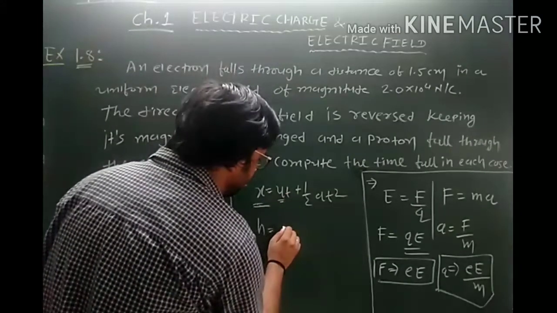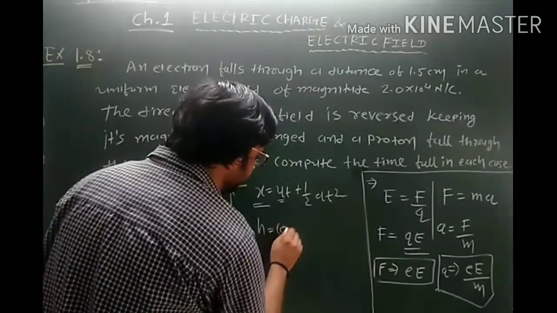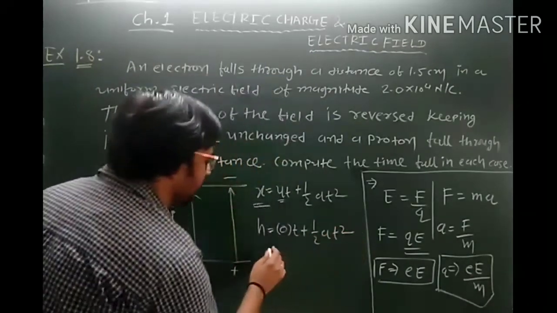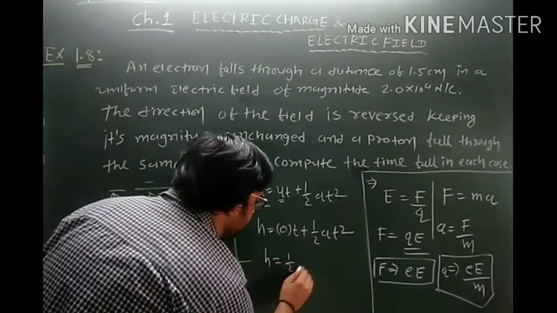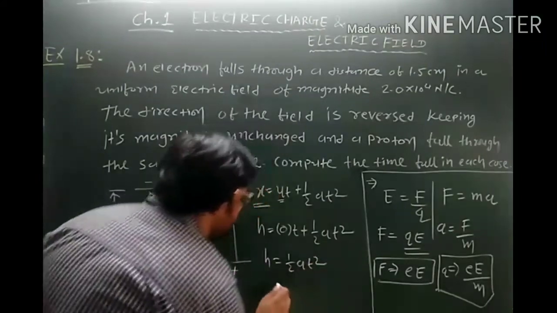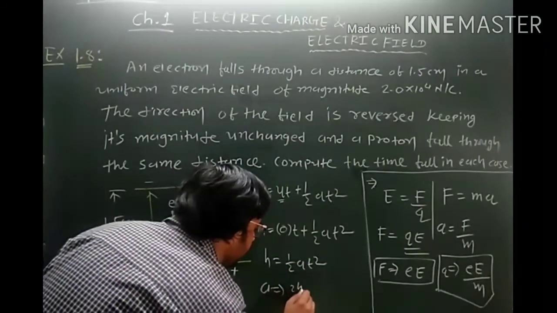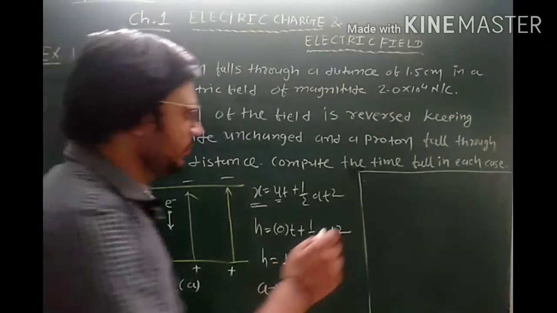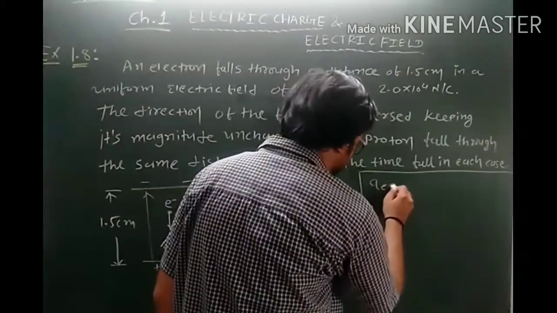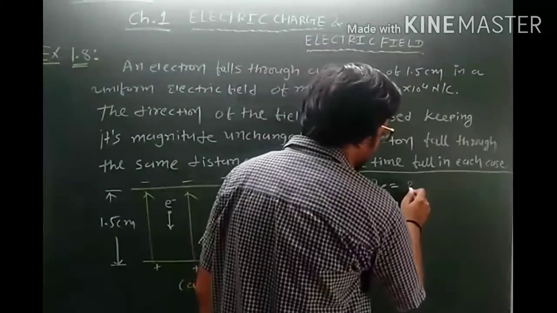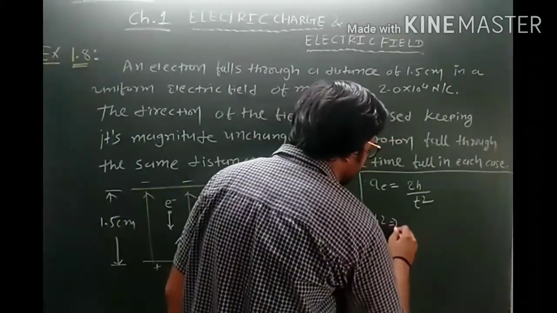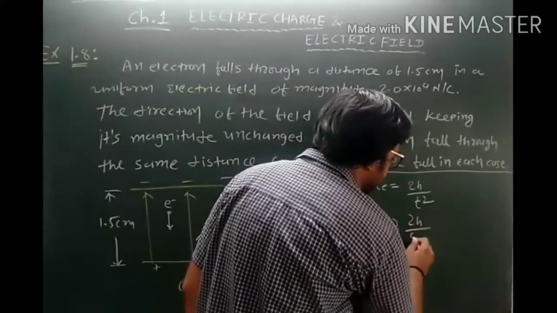So we get h equal to half at square, so a is 2h upon t square. Now for the acceleration of the electron, a_e is equal to 2h upon t square, so t square is equal to 2h by a_e.